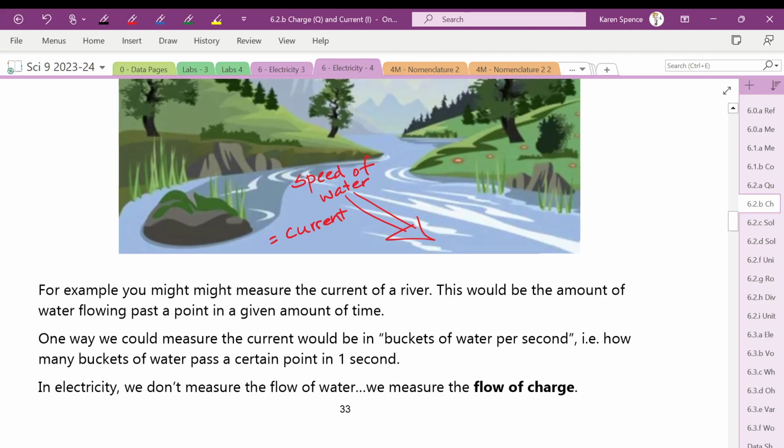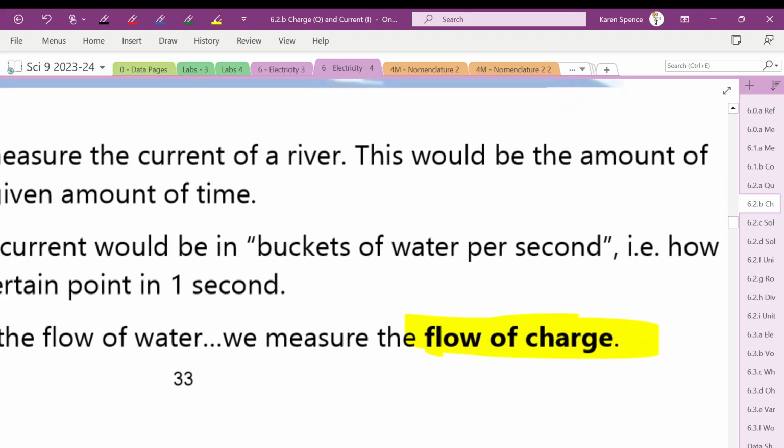So in electricity, we're not measuring the flow of water. We are measuring the flow of, guess what? Charge.